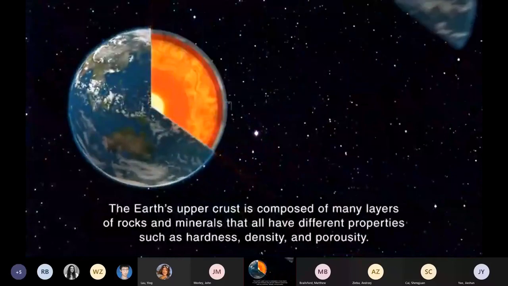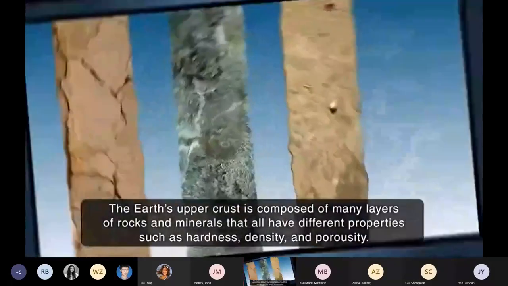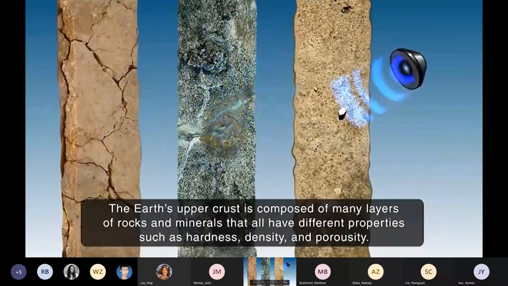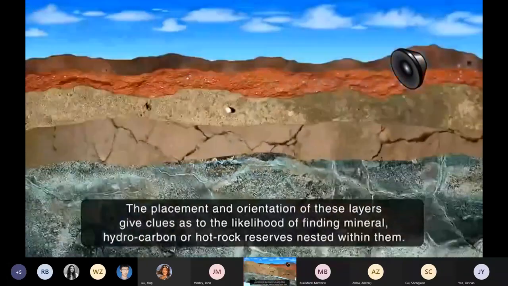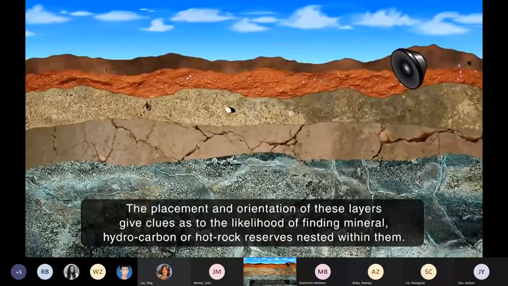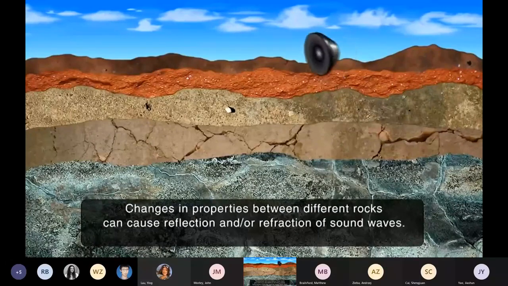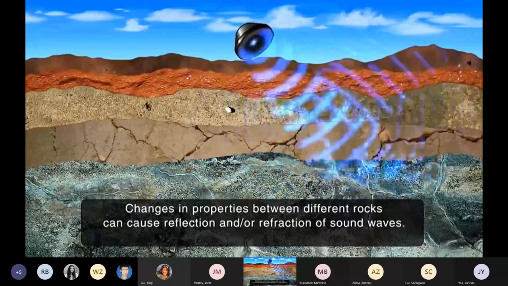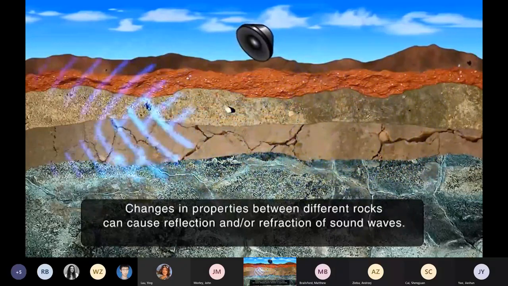The Earth's upper crust is composed of many layers of rocks and minerals that all have different properties, such as hardness, density, and porosity. The placement and orientation of these layers give clues as to the likelihood of finding mineral, hydrocarbon, or hot rock reserves nested within them. Changes in properties between different rocks can cause reflection and/or refraction of sound waves.